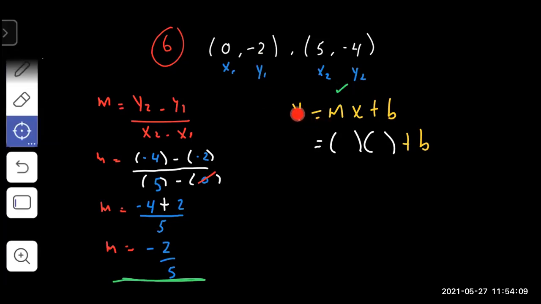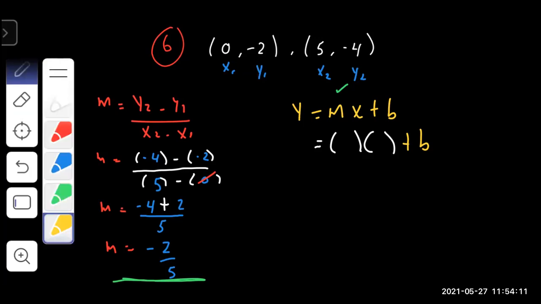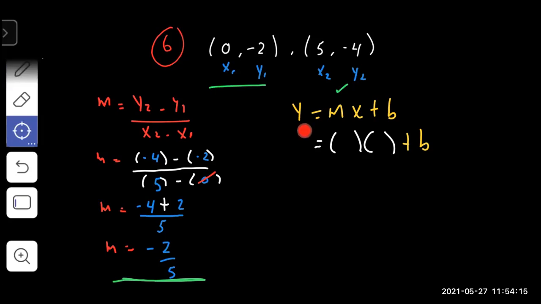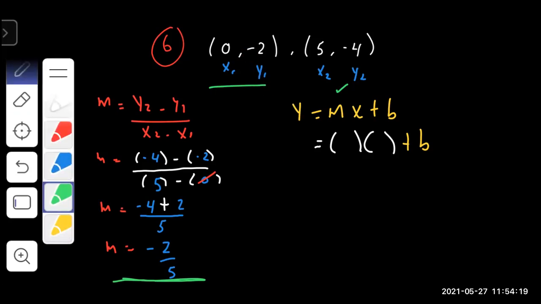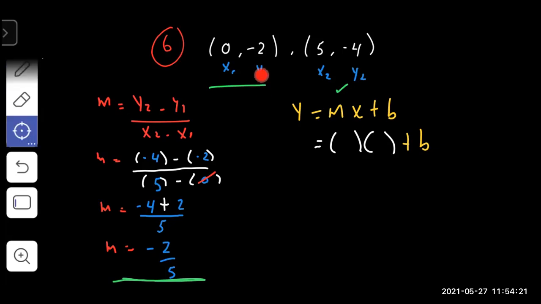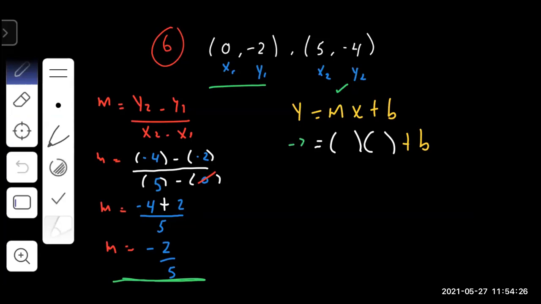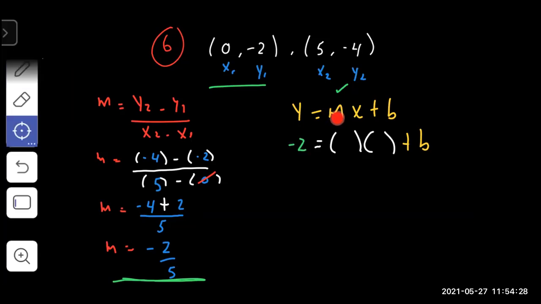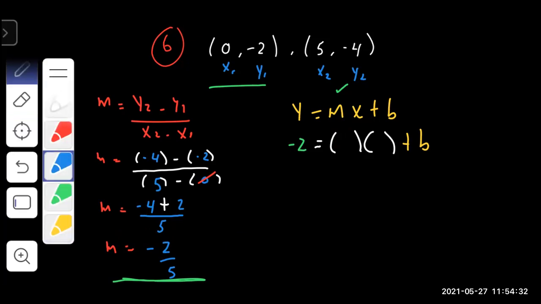Okay, what is y in the first point? I'm going to choose the first point. What is y in the first point? Negative 2. And what is m, guys? It's right here: negative 2 over 5.